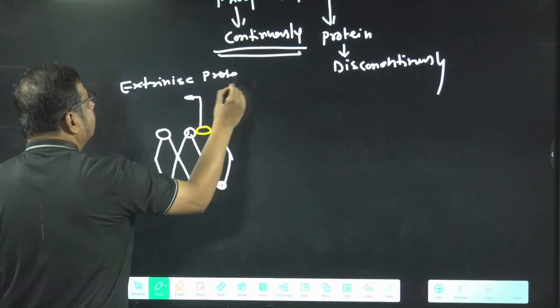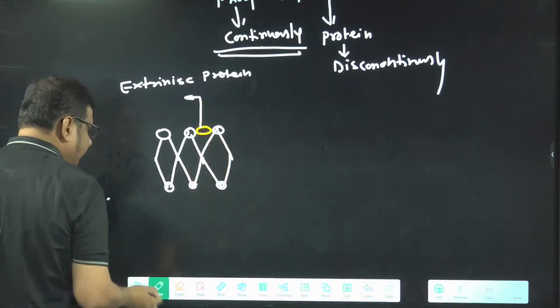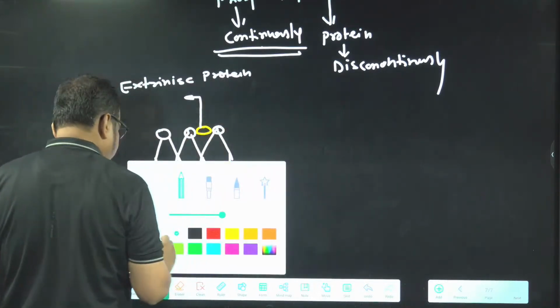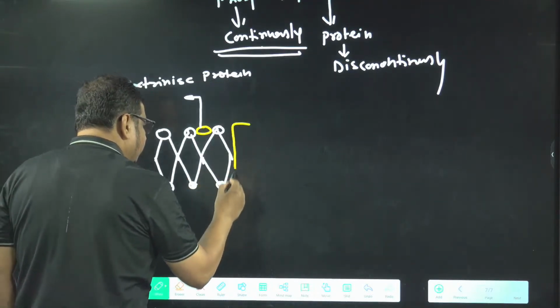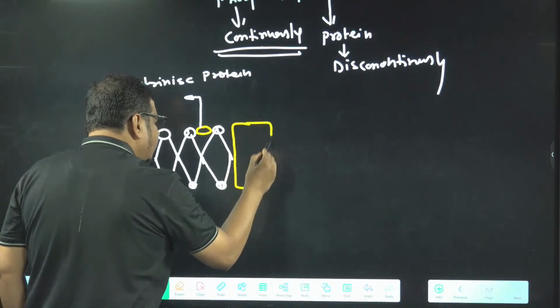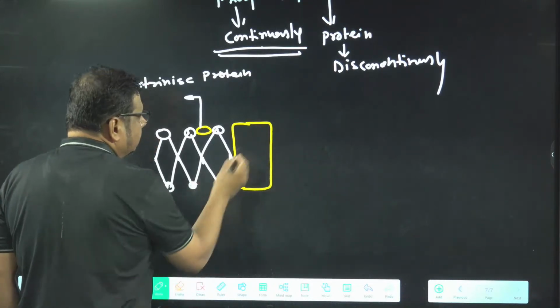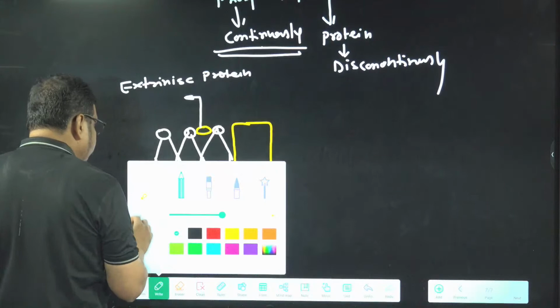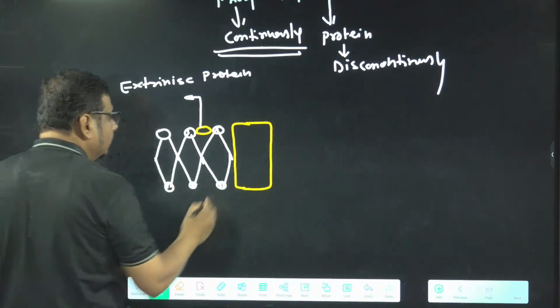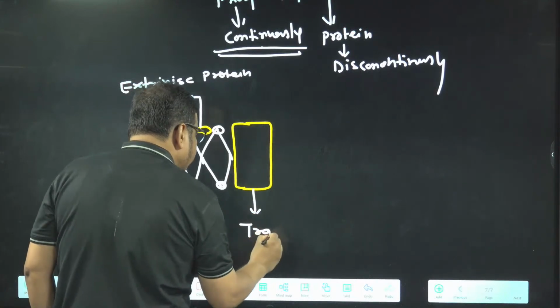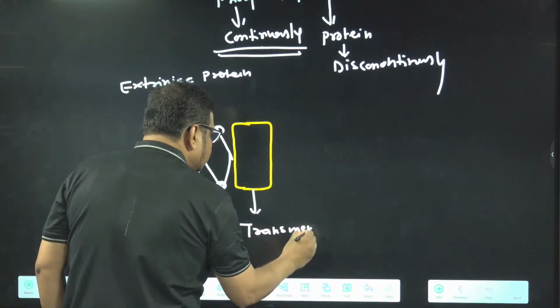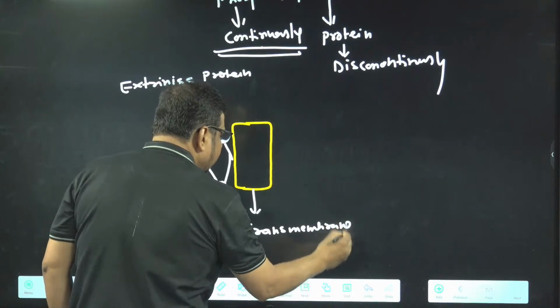It is an extrinsic protein, or peripheral protein. Now I am drawing another protein that goes from one side of the membrane to the other side. This is a transmembrane protein.